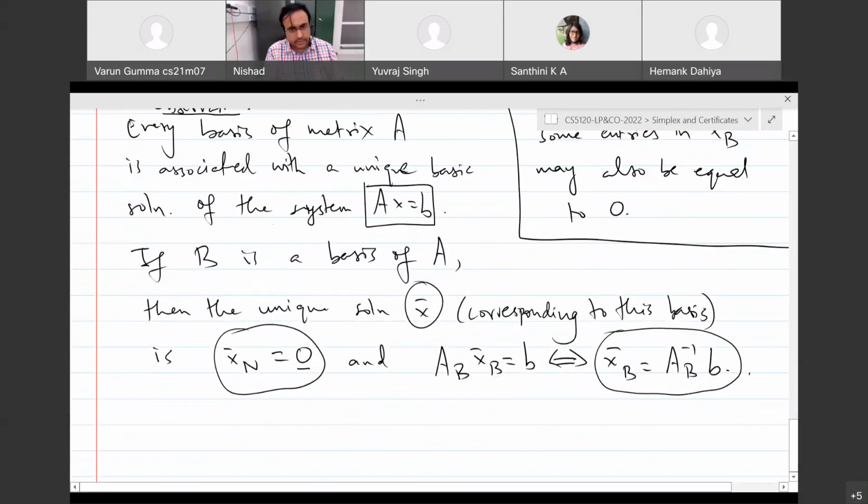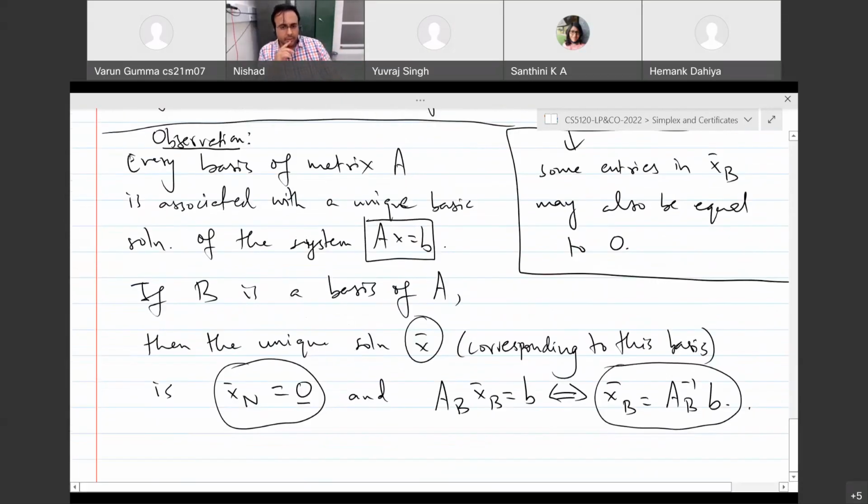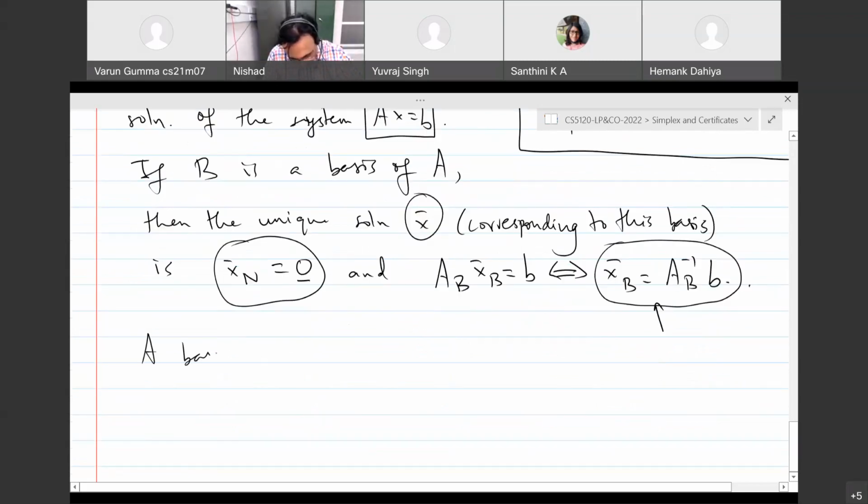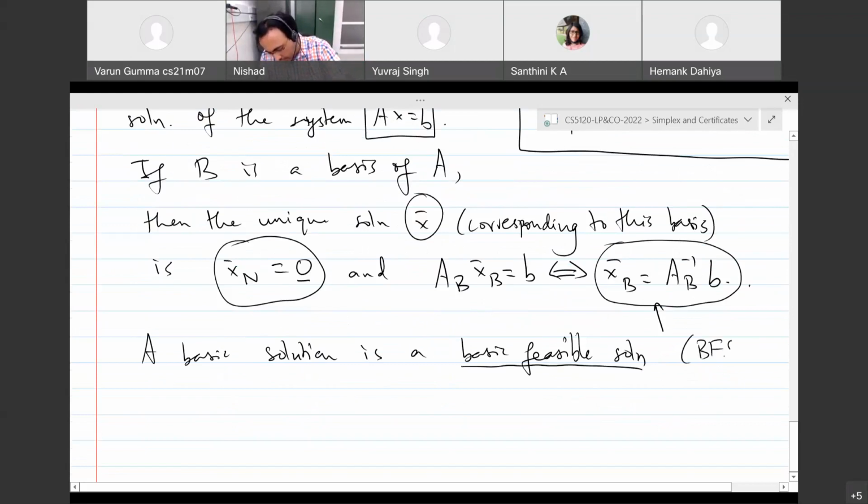So for that reason, we are going to refer to a basic solution as being feasible if it is non-negative. Sometimes you might solve the system and get some negative entries in it. Okay. A basic solution is a basic feasible solution. This is a term that we'll be using a lot, abbreviated to BFS.